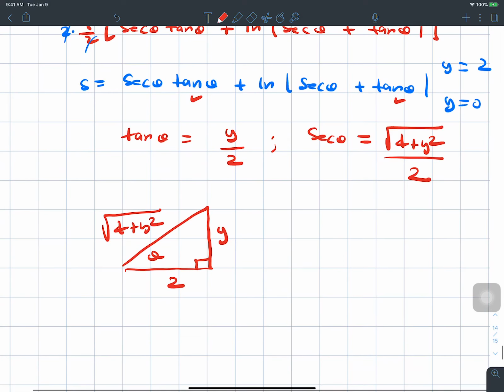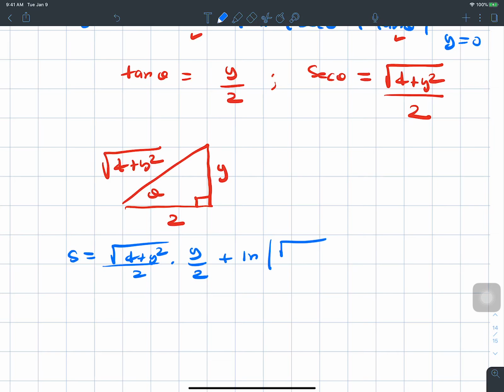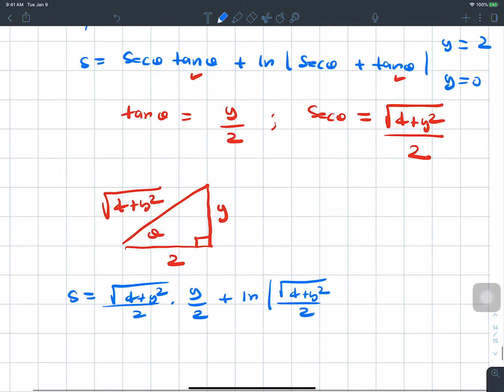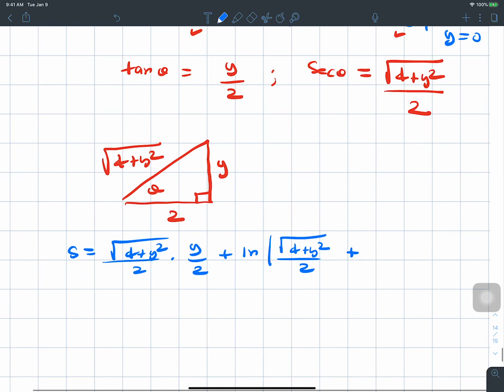What do we really have here? For the arc length, we have square root of 4 plus y squared over 2. That's my secant theta. Tangent theta is y over 2. Plus natural log, absolute value, secant theta, square root of 4 plus y squared over 2, plus what's tangent theta going to be? Well, that's y over 2. And that's an absolute value.